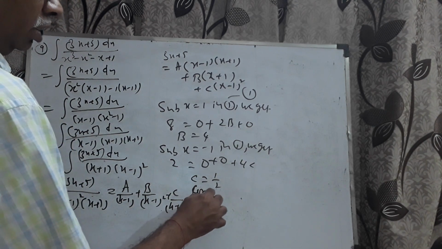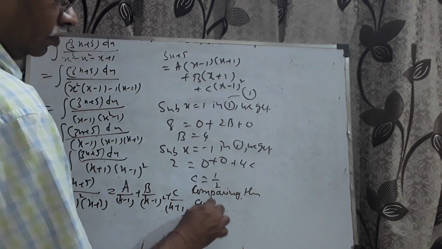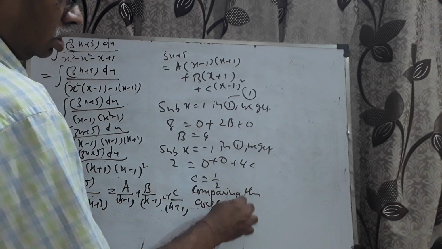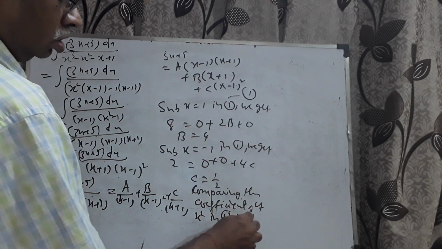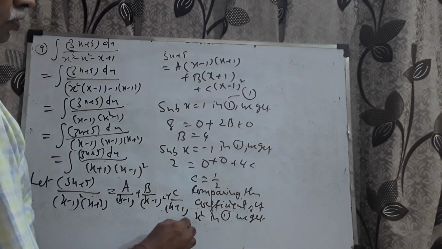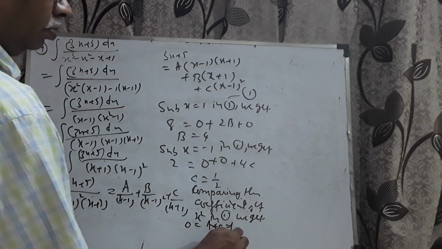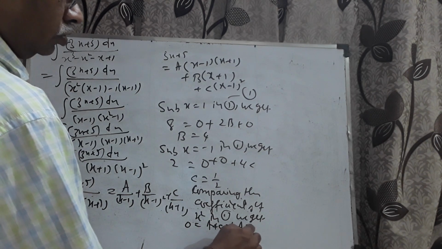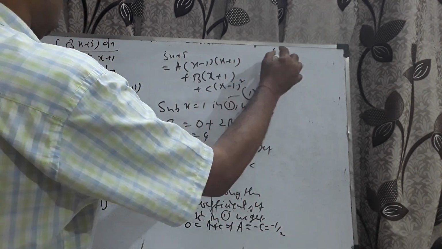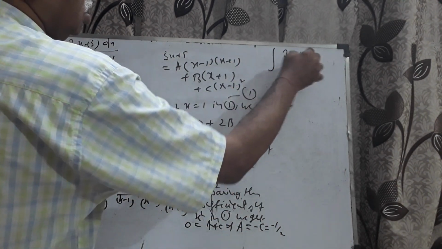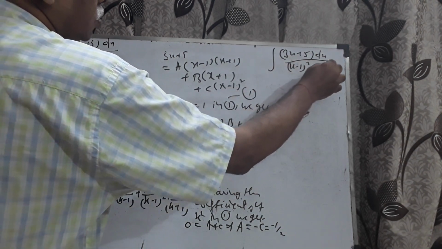Now comparing the coefficients of x squared in 1, 0 is equal to a plus c, which implies a is minus c, which is minus half.